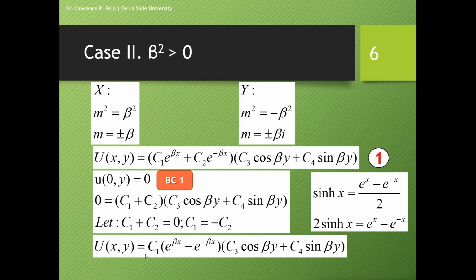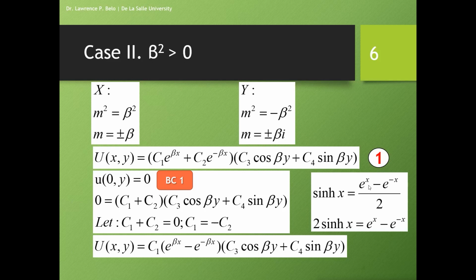So, I can factor it out. But guys, look at this, look at the one on the right. Isn't it that the definition, e to the x minus e to the negative x all over 2, is the hyperbolic sine?